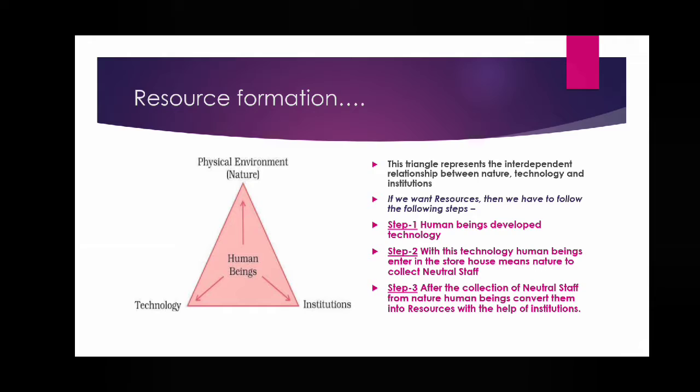The three corners are occupied by what? The top one is occupied by nature or physical environment, the left one by technology, and the right one by institutions. If you check this diagram properly, technology is developed by whom? Human beings. Institutions like thermal power stations and industries are developed by whom?